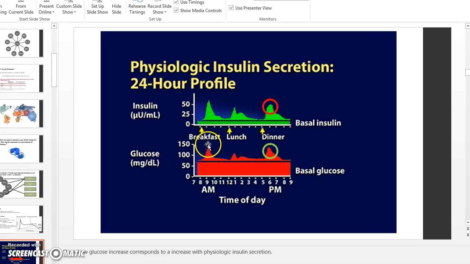As your glucose increases, so does your insulin. And you can see these spikes between meals, so say for dinner, you can see the increase in your glucose due to your food that you're intaking, as well as an increase in the insulin to compensate for that increase in glucose.